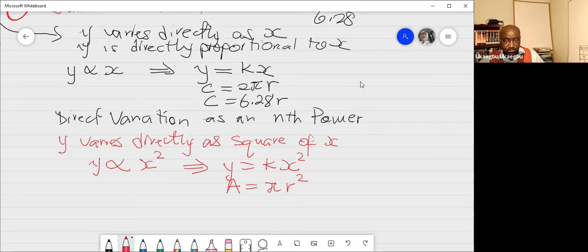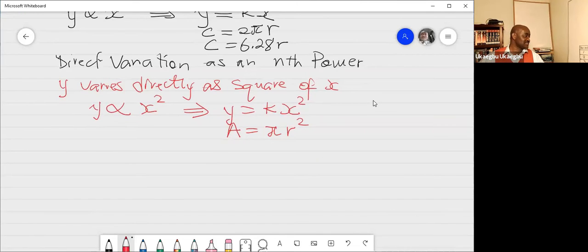Okay. So now let's give an example of this second one. We can say that the area of a circle varies directly as the square of the radius.